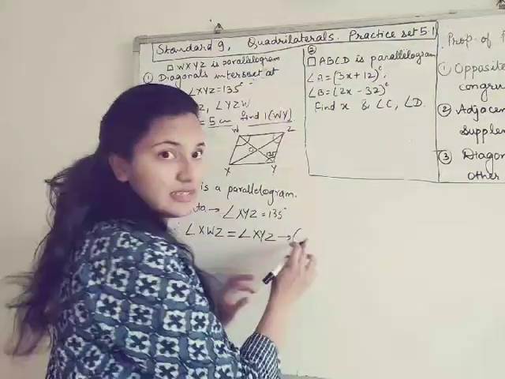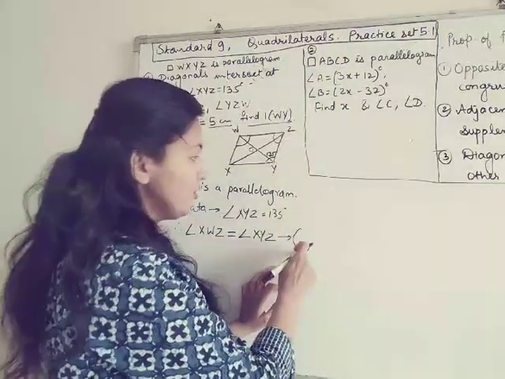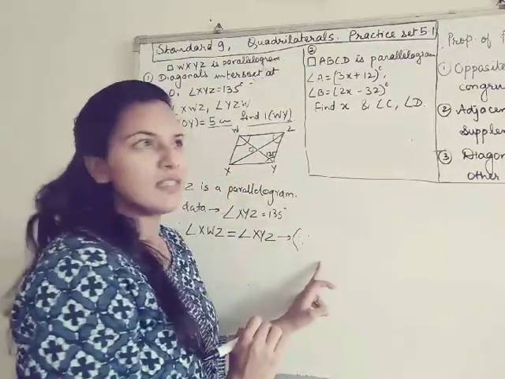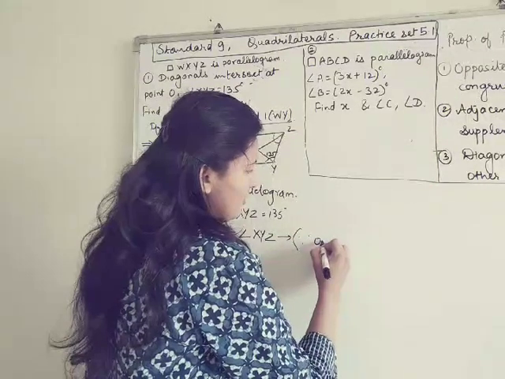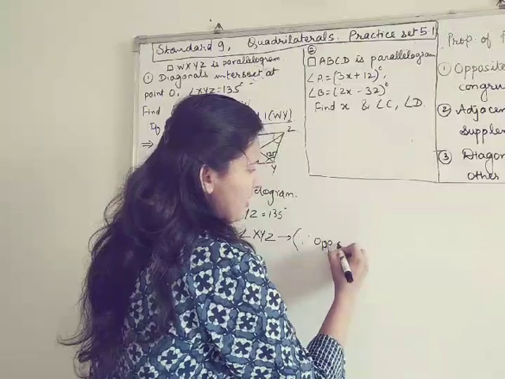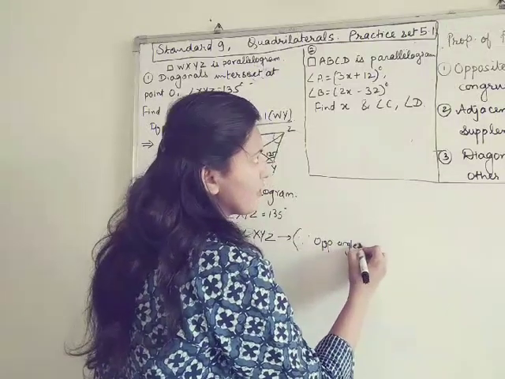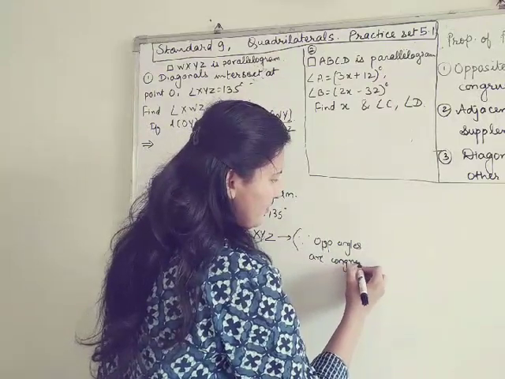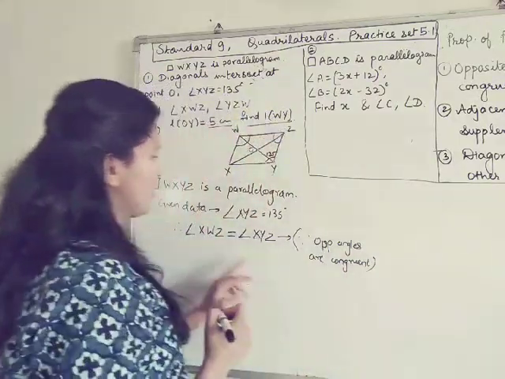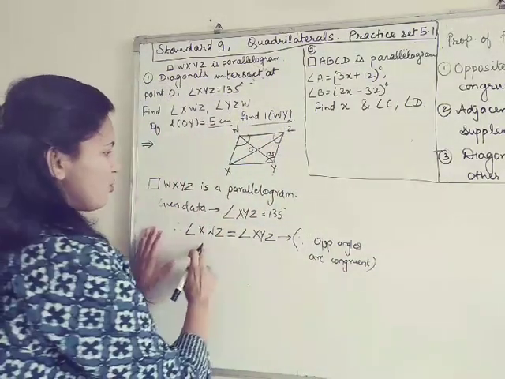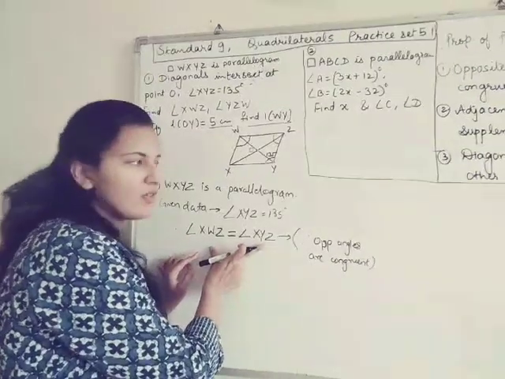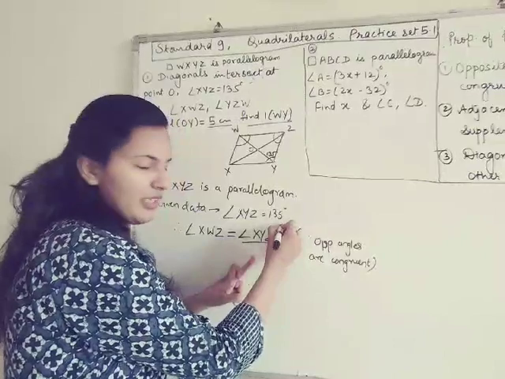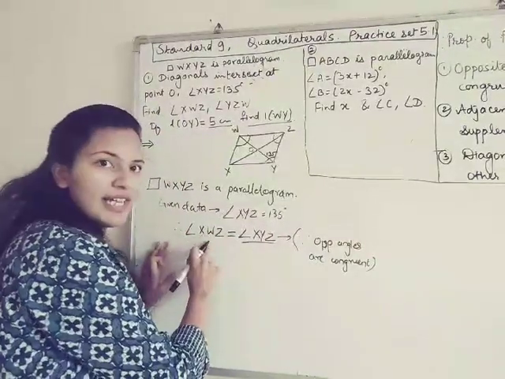You have to write the reason as well. This is very important that you are using this property. So write it here: since opposite angles are congruent. So this property we have used. If these opposite angles are congruent and we know that XYZ is 135, what will be the value of XWZ?